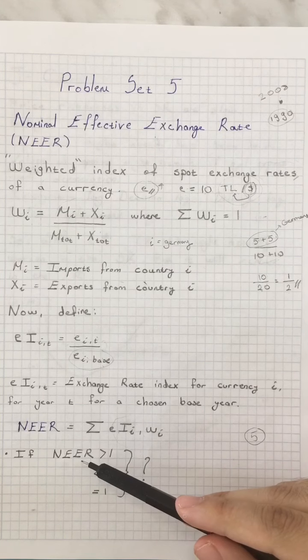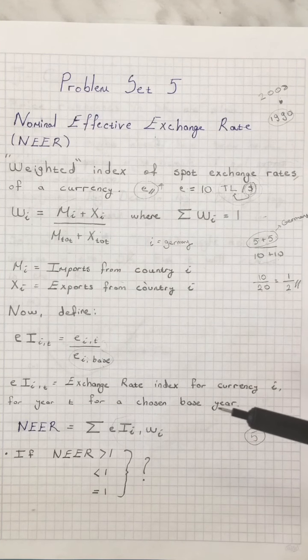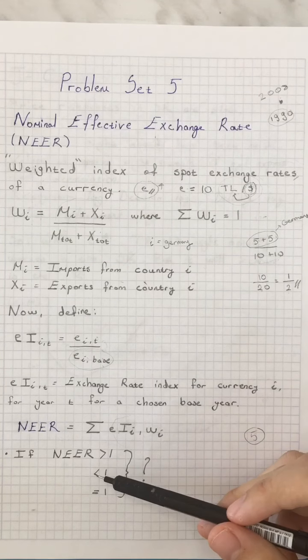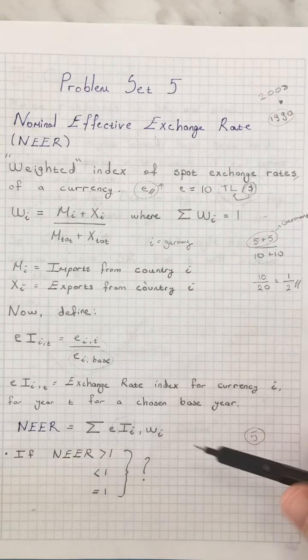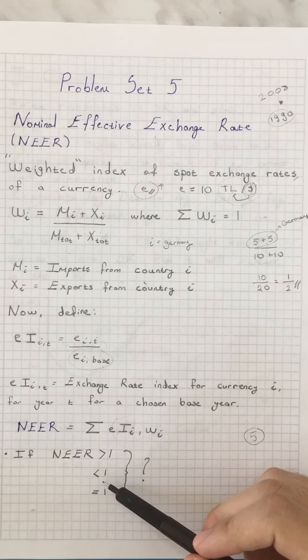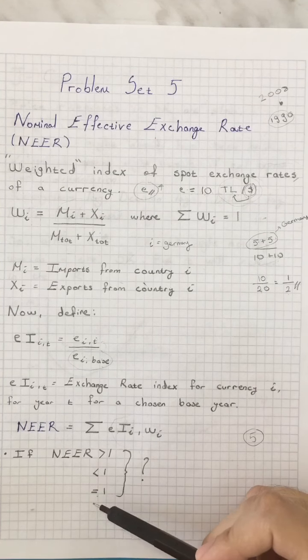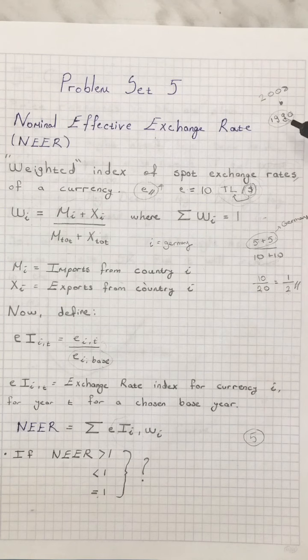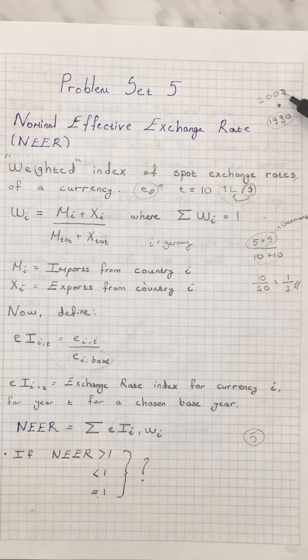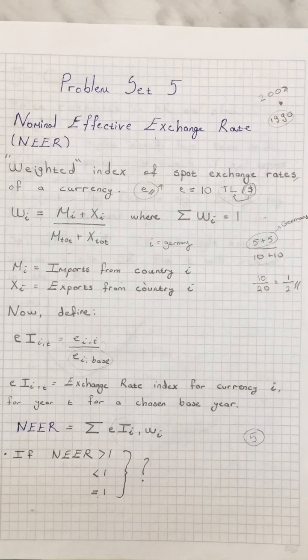If our nominal effective exchange rate is bigger than 1, then our currency is depreciating compared to all of the countries that we have trade relations with. And if it is less than 1, that means that our currency is appreciating, and if it is 1, that means that there is no change from the base year to the current year in the relative value of our currency to other countries.